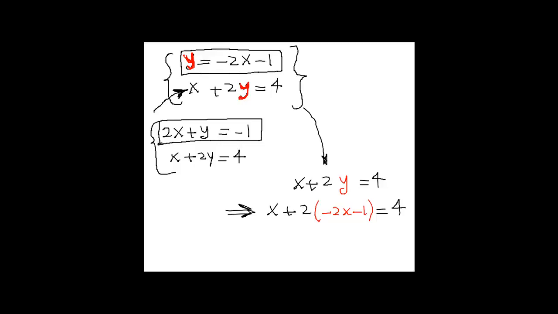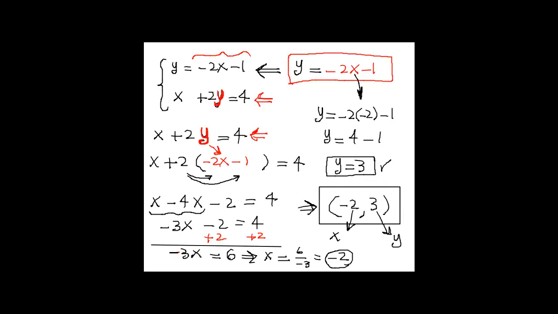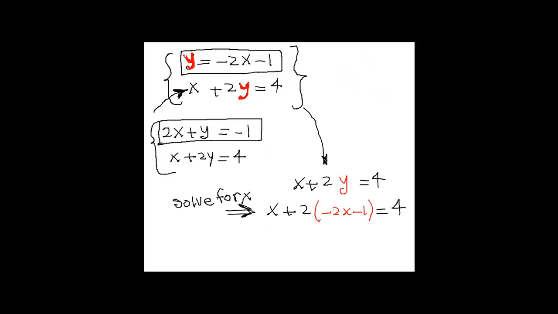Yes, okay. So if you solve this for x, then you would get x is equal to minus 2, and that's what we did earlier. Because we only have one equation in terms of x, you just distribute. So you get x minus 4x minus 2 is equal to 4.